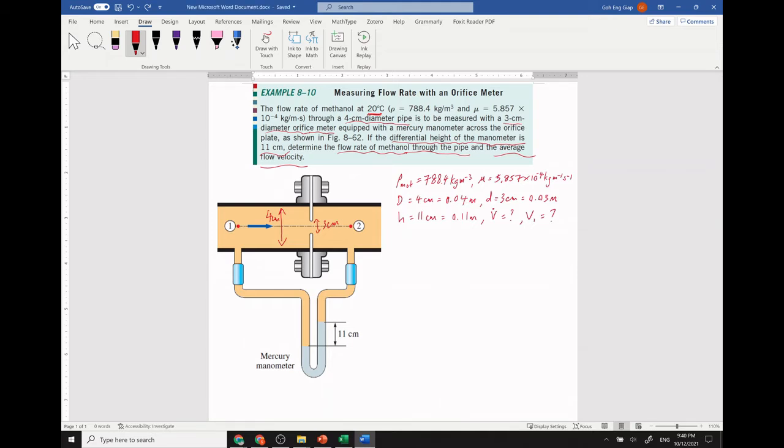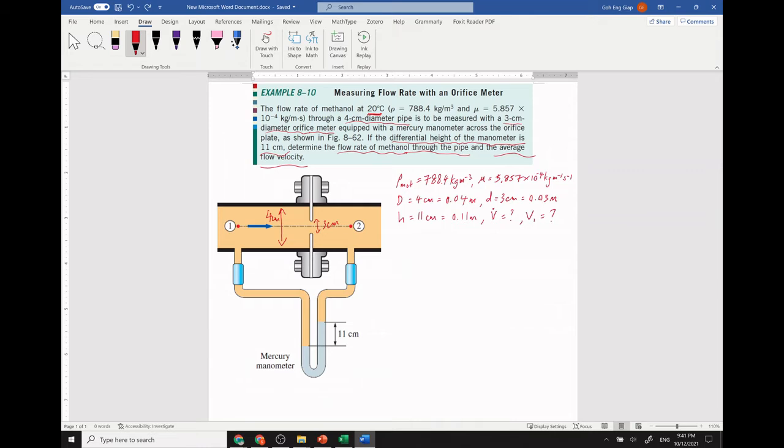With this information, what can we do? We also realize that this is mercury. Obviously we are given the height, which is 11 centimeter. We want to find the volumetric flow rate as well as the velocity.